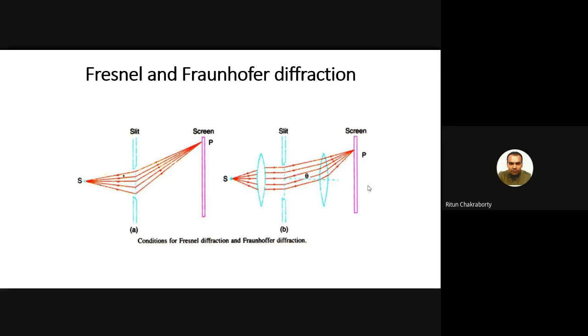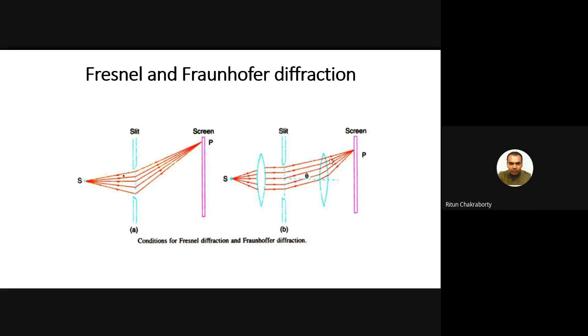And in that case, how should we get all the rays of light at the same point P? In order to do that, we should place another lens in the path of these diffracted rays of light.